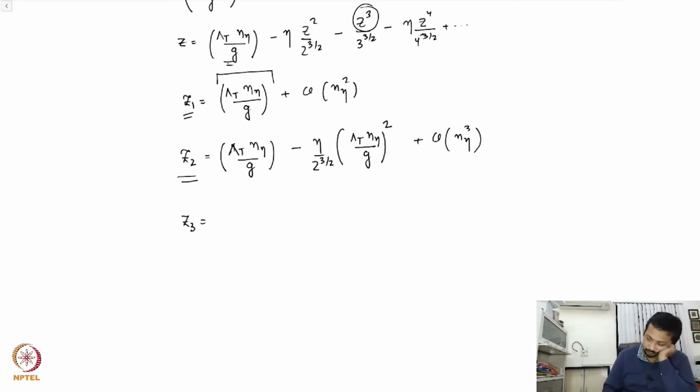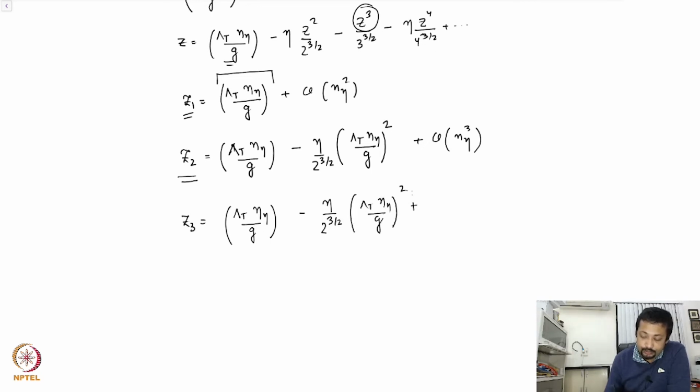So, and you are going to get the answer as lambda t n eta over g minus eta raised to the power 2 to the power 3 by 2 lambda t n eta over g whole square plus 1 by 4 minus 3 to the power 3 by 2 n eta lambda t over g whole cube plus order n eta raised to the power 4.